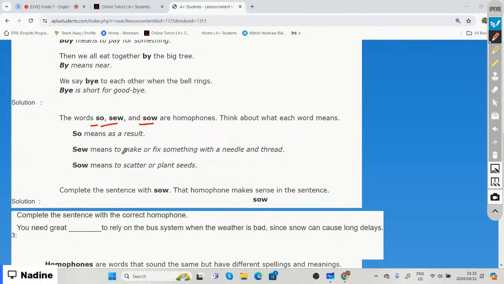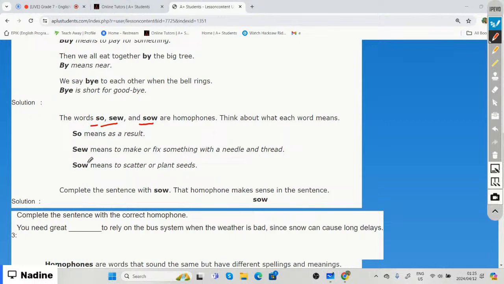Then we have another so, which is S-E-W.